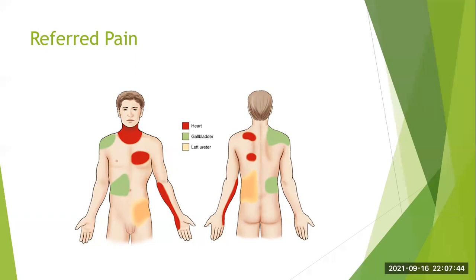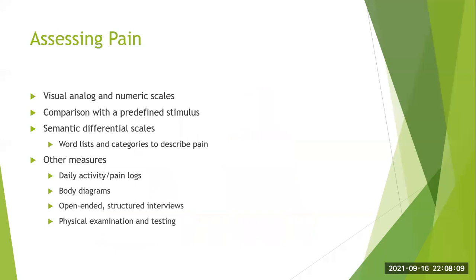So it's really our visceral organs synapsing with sensory nerves, and they're showing up on the surface of the body. Because it can be mapped so easily, a lot of times doctors and physical therapists can interpret referred pain as to what's really going on with the person, which is kind of interesting.